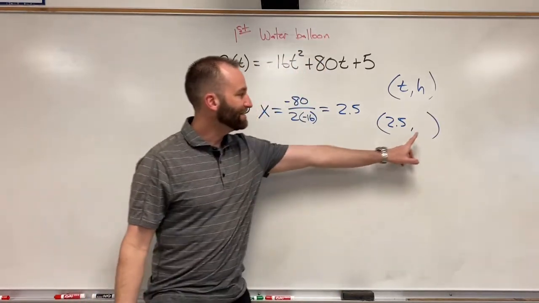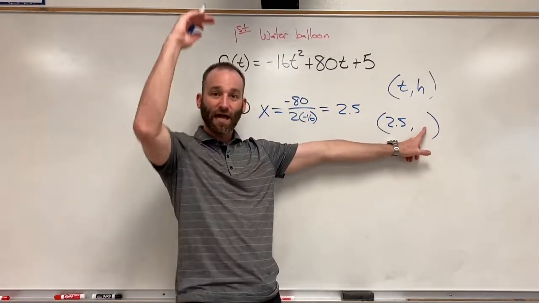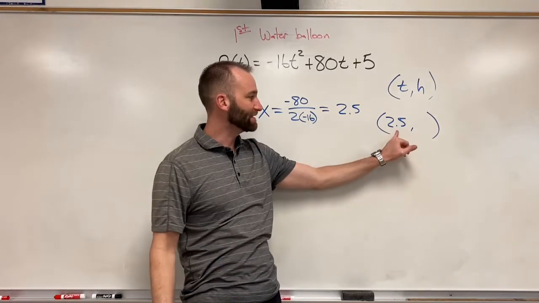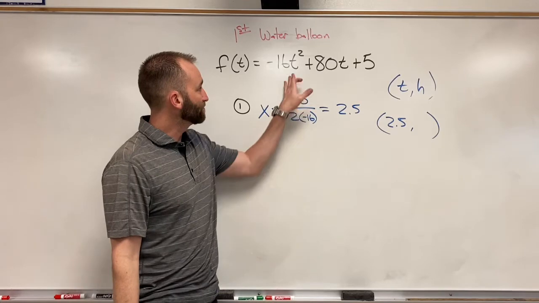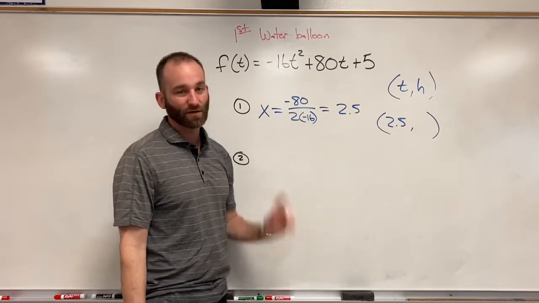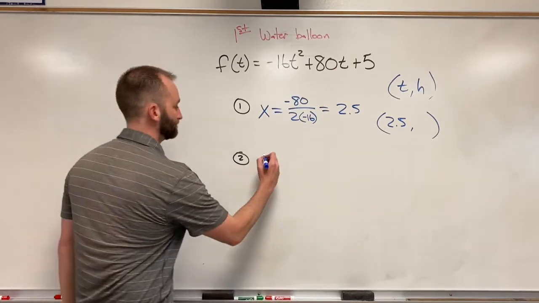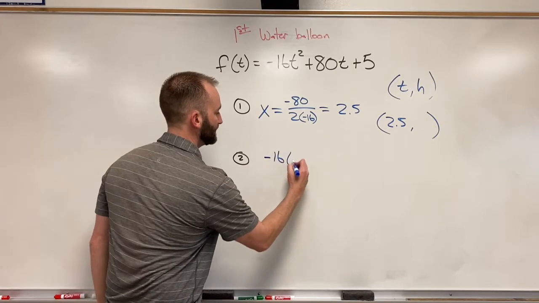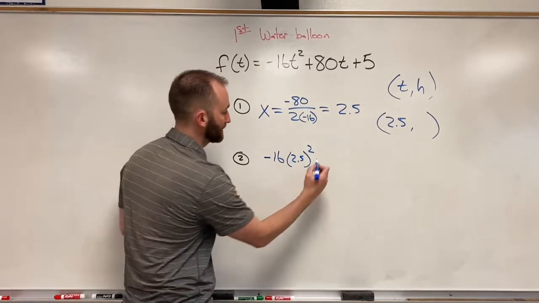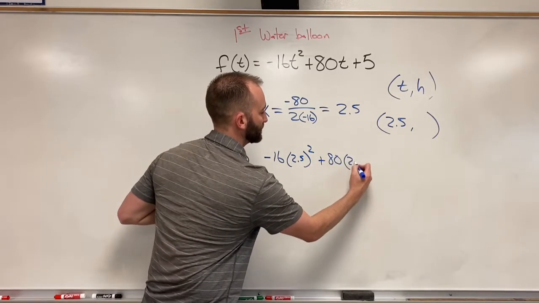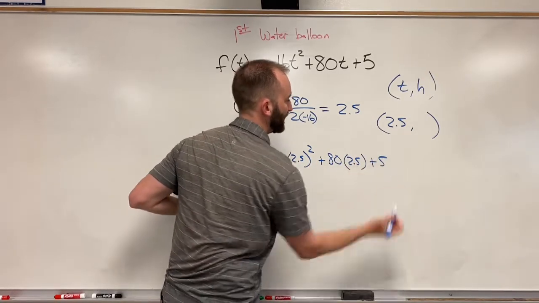So to find the maximum height, to find how high the water balloon went, I need to take 2.5 and then the second step is plug it in for x. In this case, we have the letter t. So we have negative 16 times 2.5 squared. Notice how I'm protecting it with parentheses. Plus 80 times 2.5 plus 5.